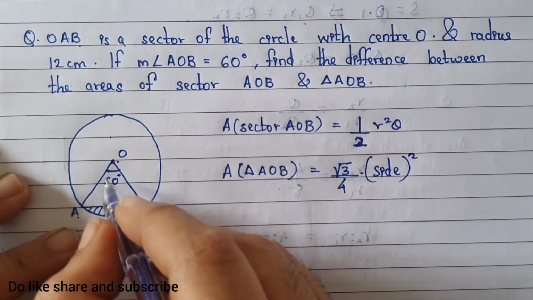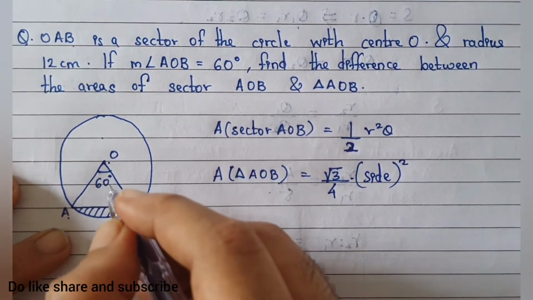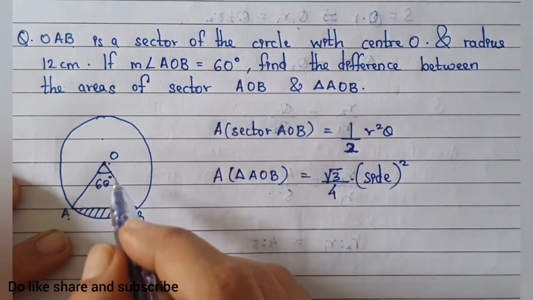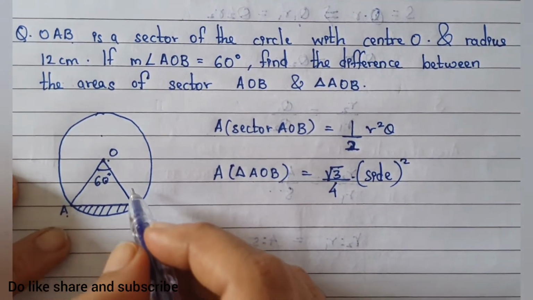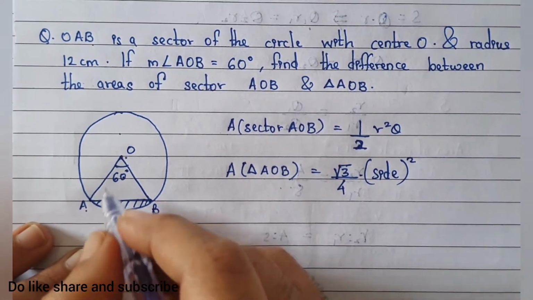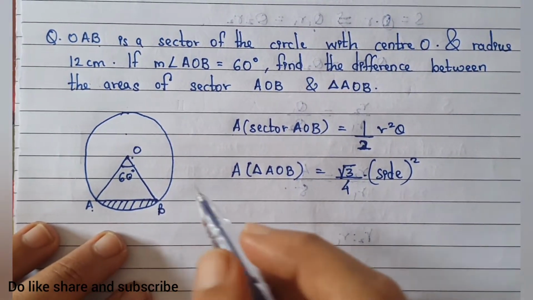Here this is actually an equilateral triangle, as this angle is 60 and OA and OB are equal, hence the other angles would be equal, that is 60 degrees.